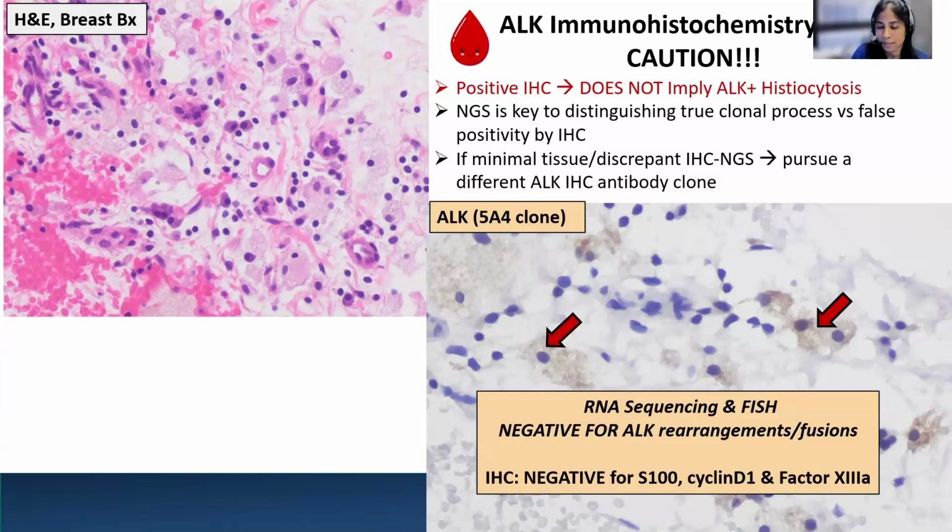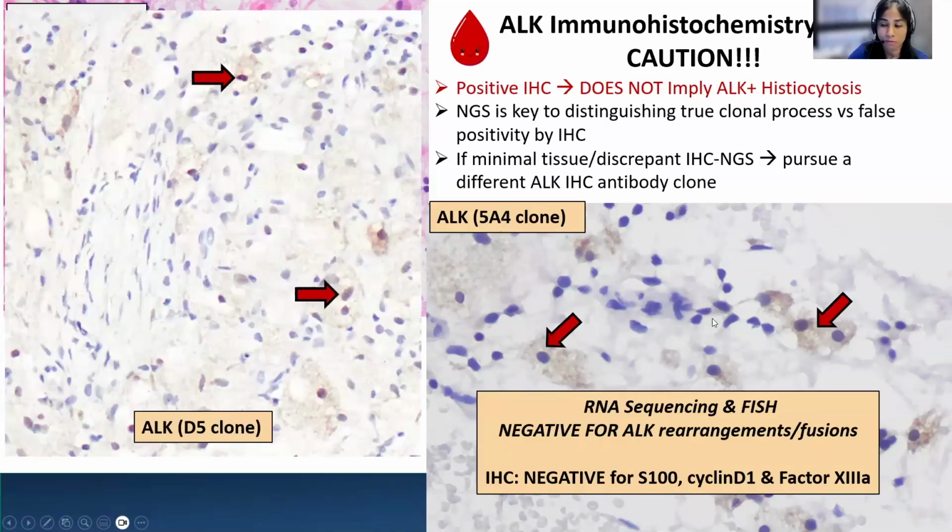Here it was completely negative for S100, cyclin D1, and factor 13A. This was a patient who had a breast biopsy and there was an incidental finding of sheets of histiocytes. There was no prior history of any trauma that could result in fat necrosis, no prior history of any chemotherapy that could result in histiocyte-rich pseudotumor. So essentially, we were just characterizing these histiocytes and then found this kind of ALK immunoreactivity.